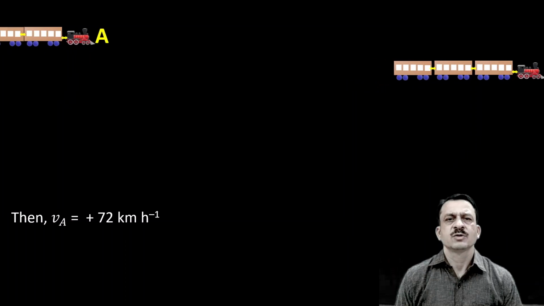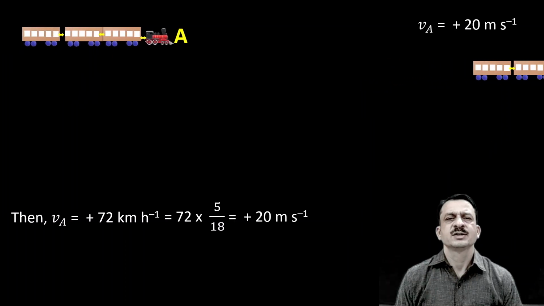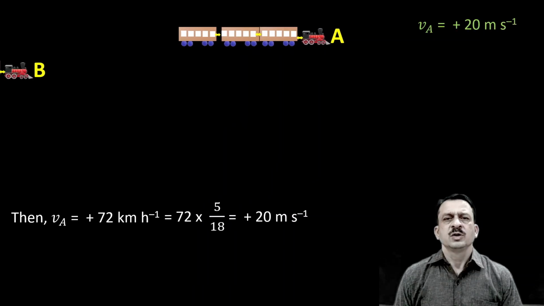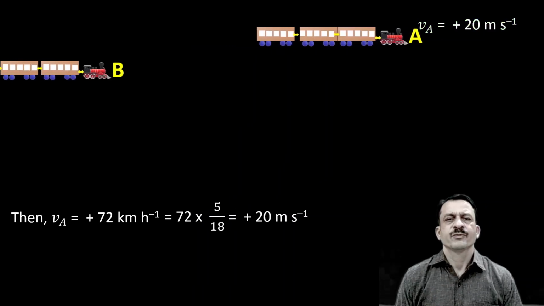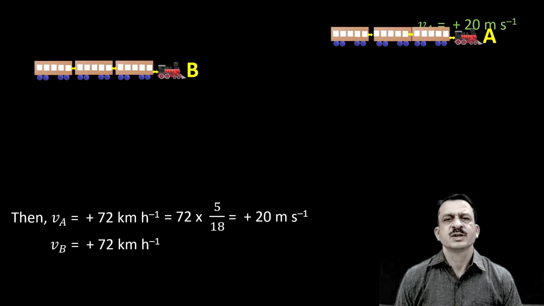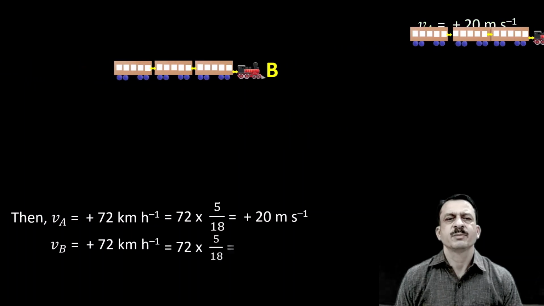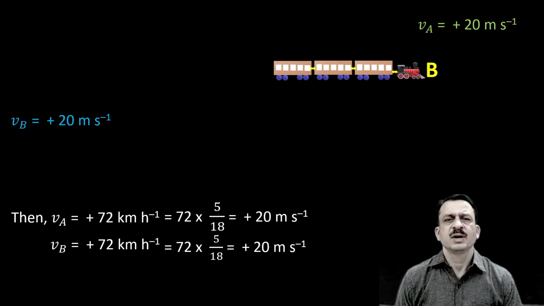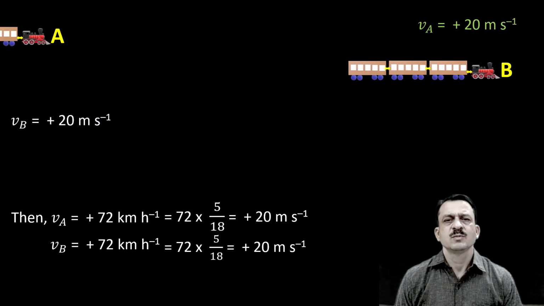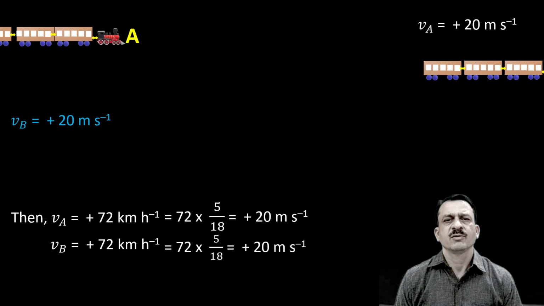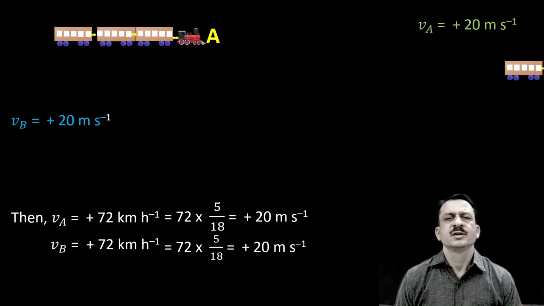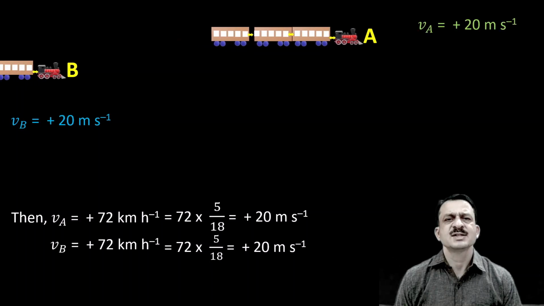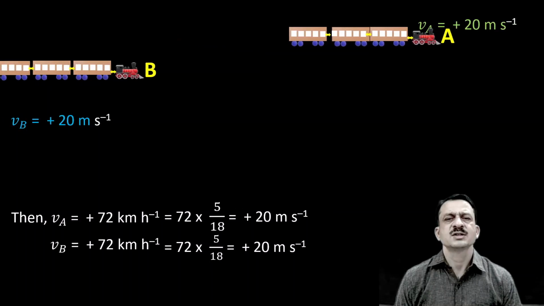If we calculate in terms of meter per second, we will get 72 into 5 by 18, that is equal to 20 meter per second. Similarly, train B is also moving with the same velocity, 20 meter per second. Both are moving in the same direction, but train A is moving ahead, train B is behind.